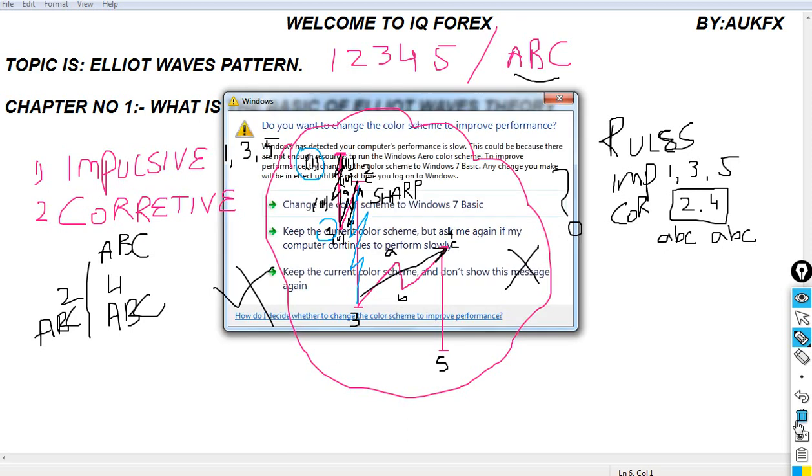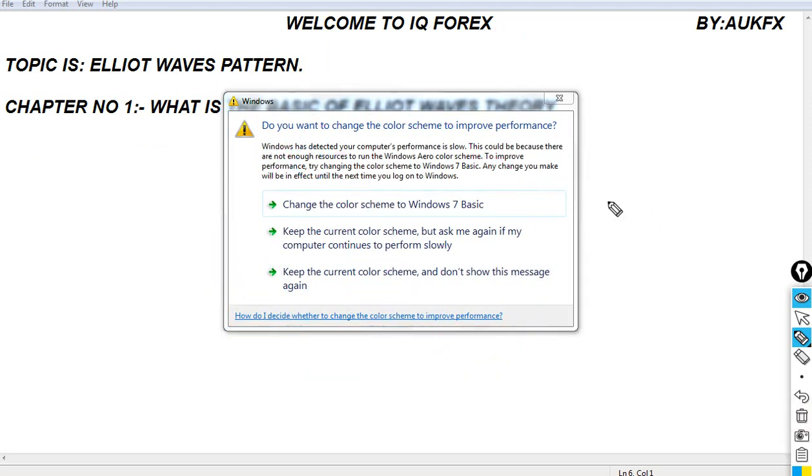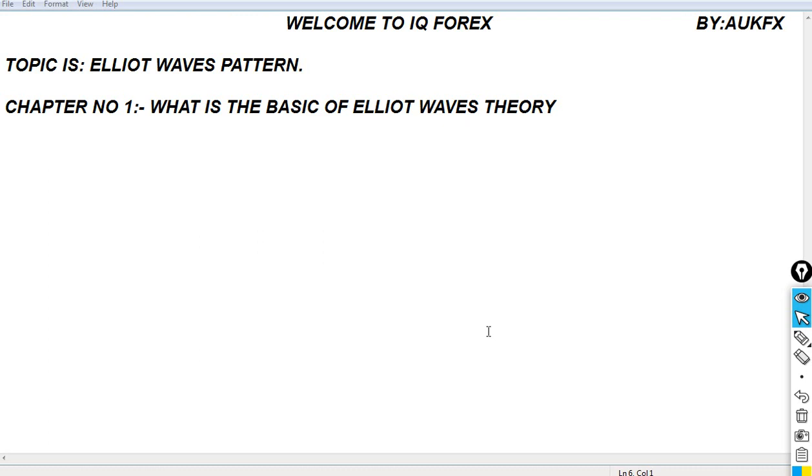Let me make it easier and clearer. Now, point number one, how we identify these patterns. My way is I always find the correction part in a chart. In a chart, I always find where my A, B, C is. When I find these, I also find where we are going now.